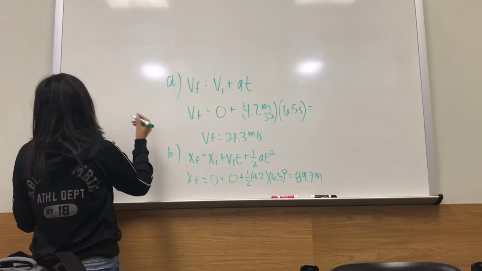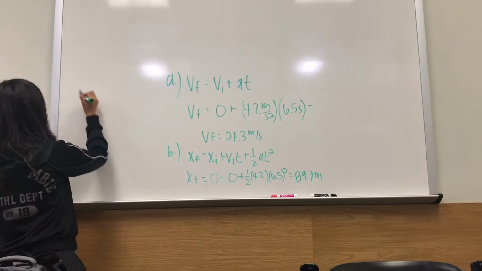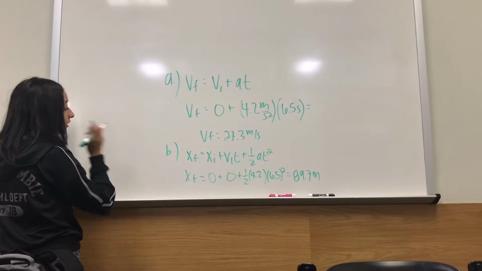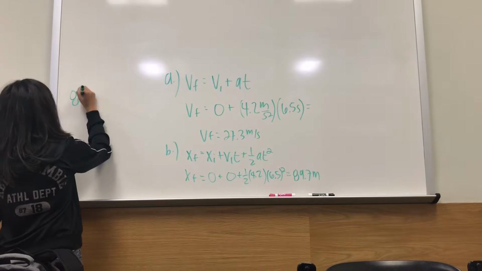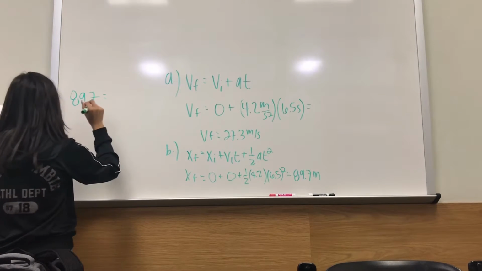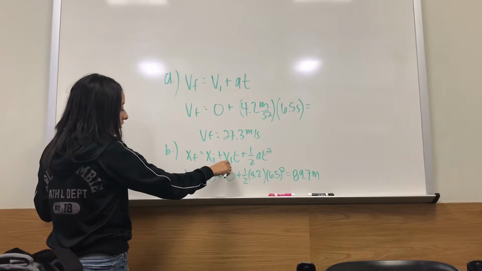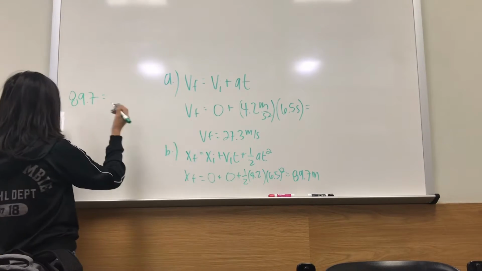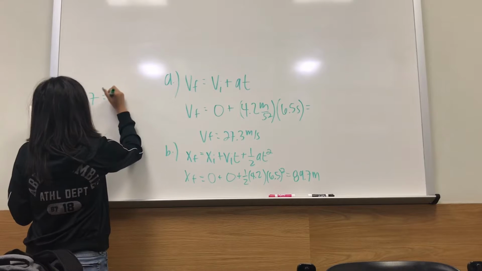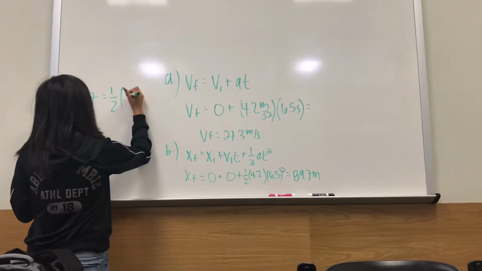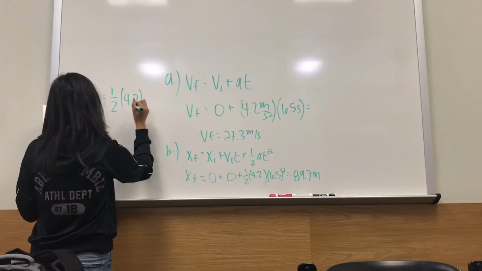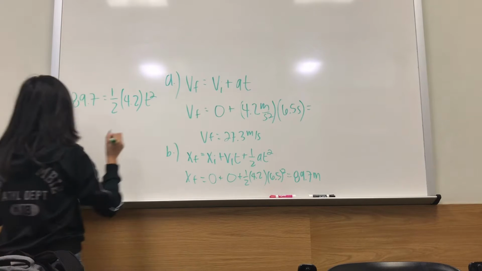So using 89.7, we need to still solve for how long it's gonna take it to run a 30-meter race. So we have our x final, which is 30. And then our x initial and our velocity initial times our time is 0. And so that just leaves us with 1/2 times 4.2, and then we don't know our time, so our time's squared.